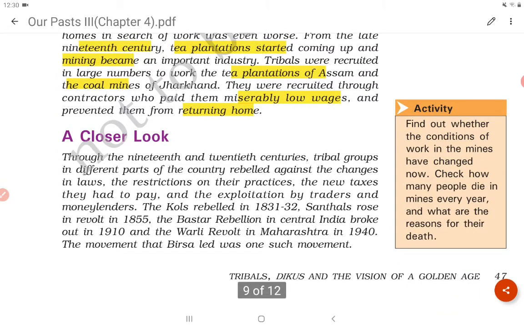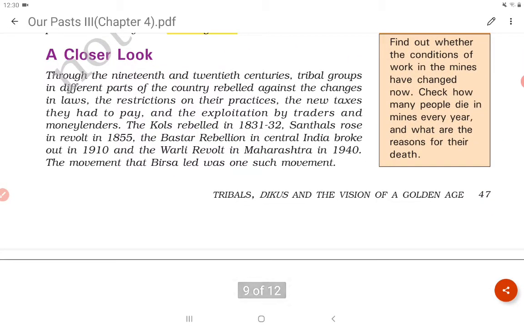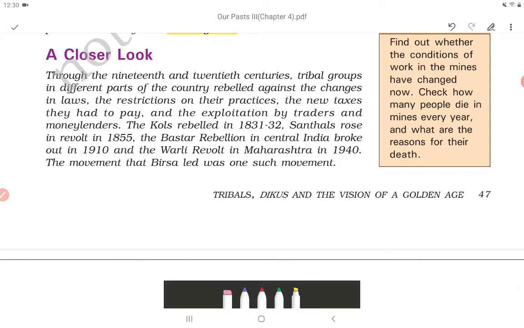A closer look. Through the 19th and 20th centuries, tribal groups in different parts of the country rebelled. They rebelled against the changes in laws, the restrictions on their practices, the new taxes they had to pay, and the exploitation by traders and moneylenders.